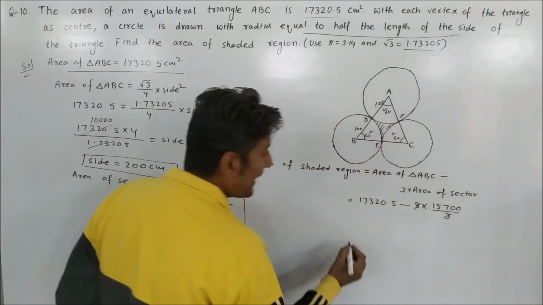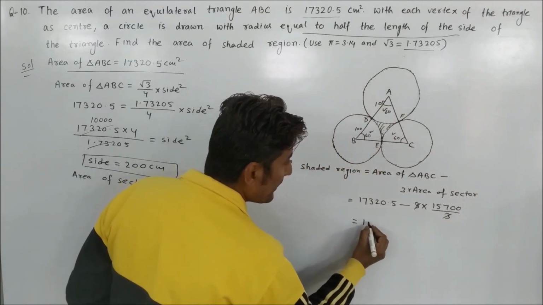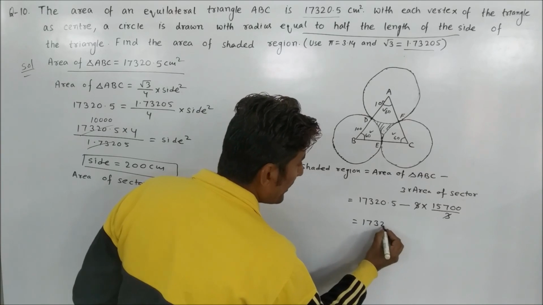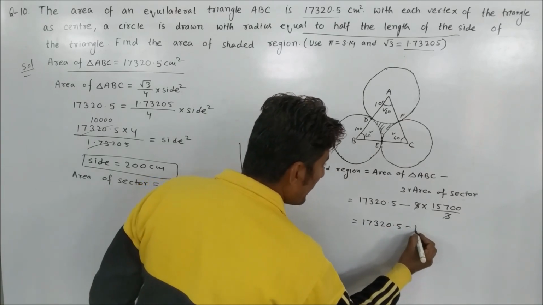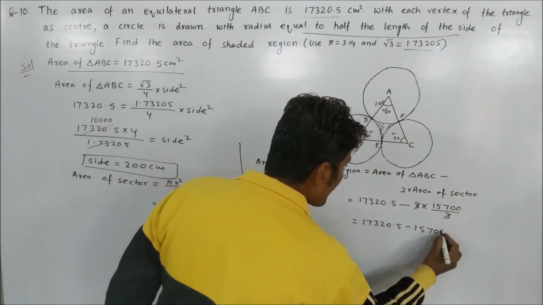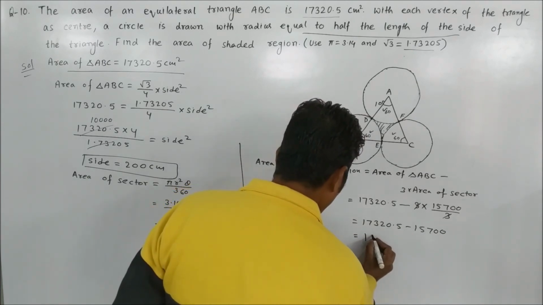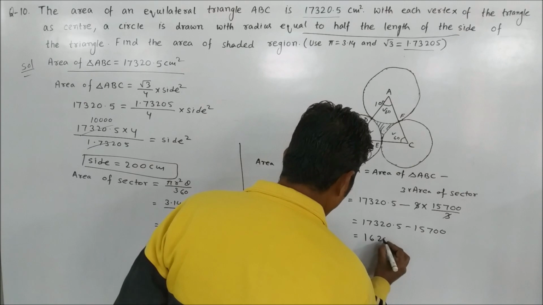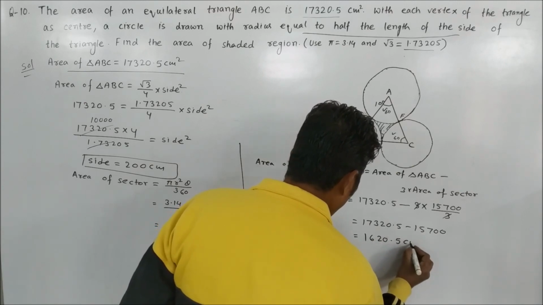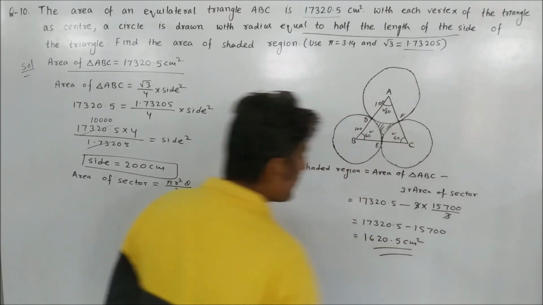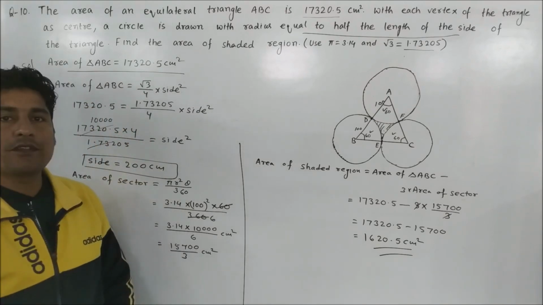Now 3 and 3 both will cancel, and finally here we can write 17,320.5 minus 15,700 centimeter square. After subtracting these two, we will have 1,620.5 centimeter square. So this is the final solution of this question.